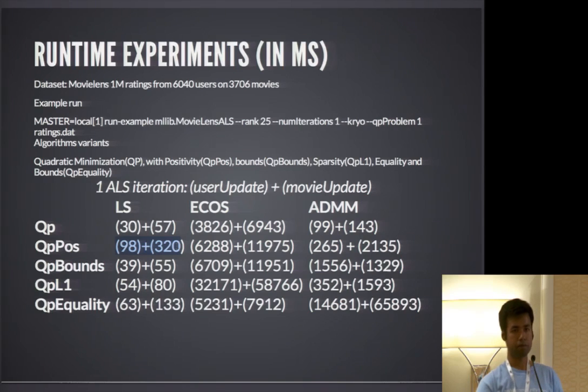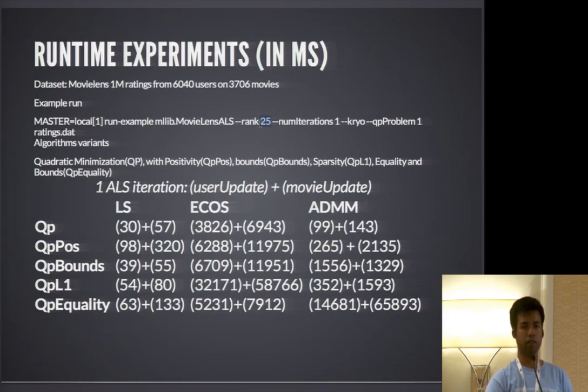What's the size of K for this experiment? The rank? Yes. The rank is 25, and we will scale it more. Second question: if you want to promote sparsity, you don't need to put an L1 constraint. If you put a non-negative constraint, it already promotes sparsity. We compared the sparsity of the results between the positive constraint and the L1 constraint, and we found very different answers.